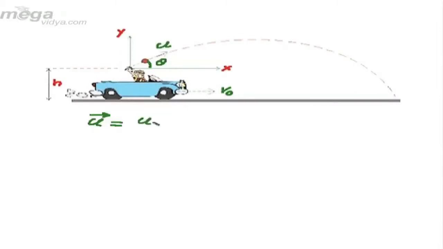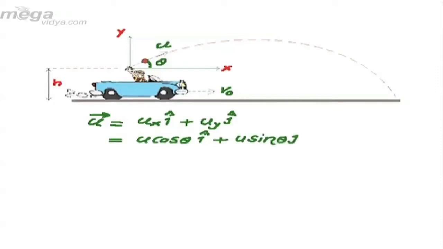One is the x component along the positive x direction, and the other is the y component, vertically upward. We can easily see that ux is u cos theta, so it is u cos theta i cap plus u sin theta j cap.